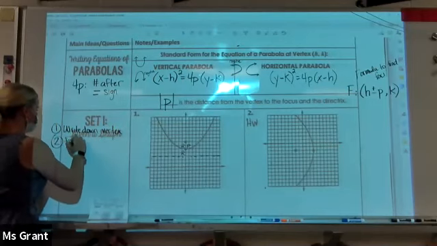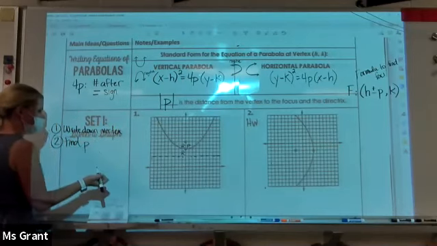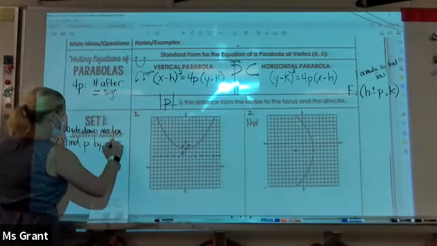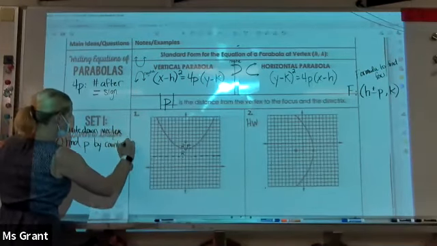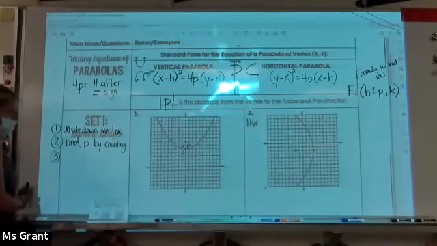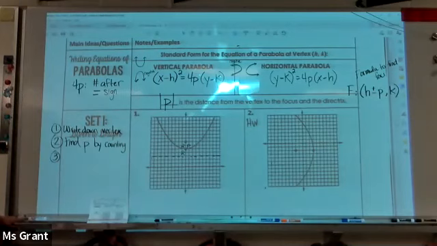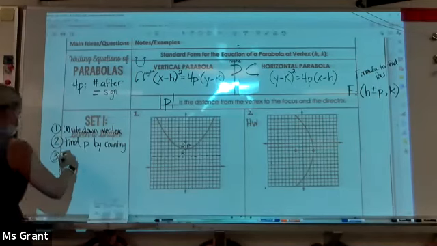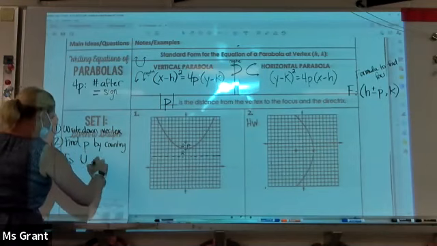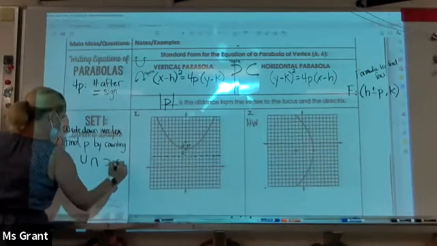Then I'm going to find P by counting. I need to figure out, based on where my focus is, is my graph upward, downward, left, right?